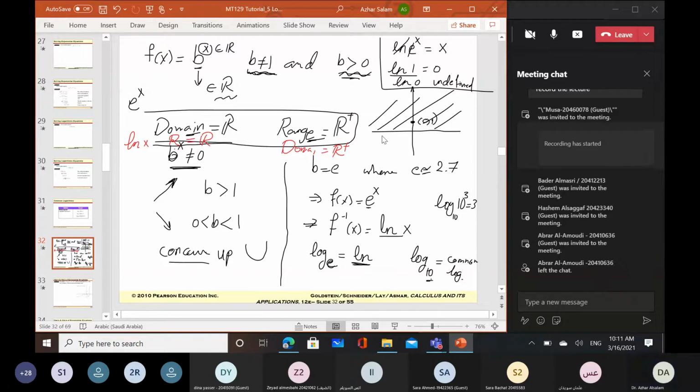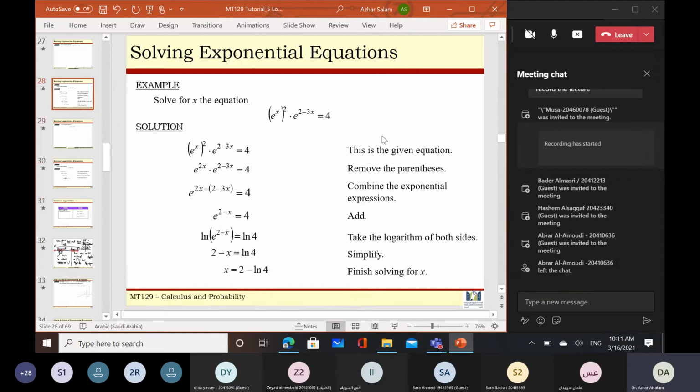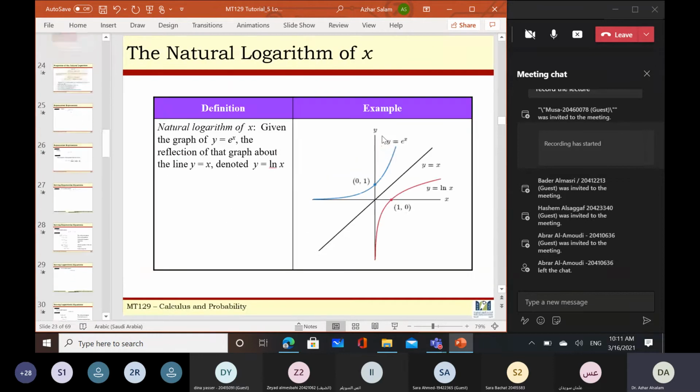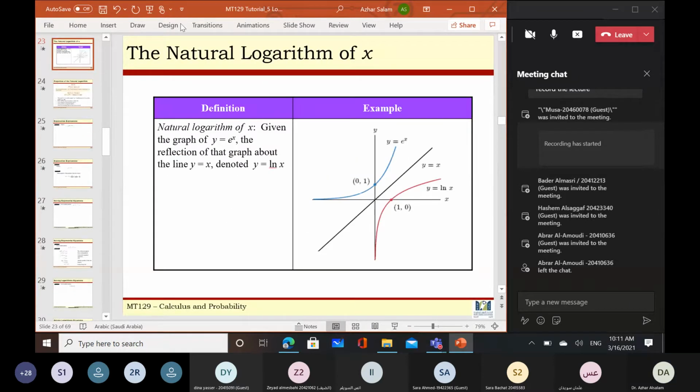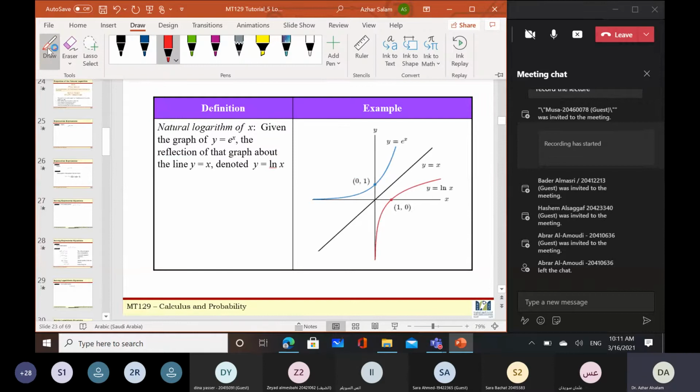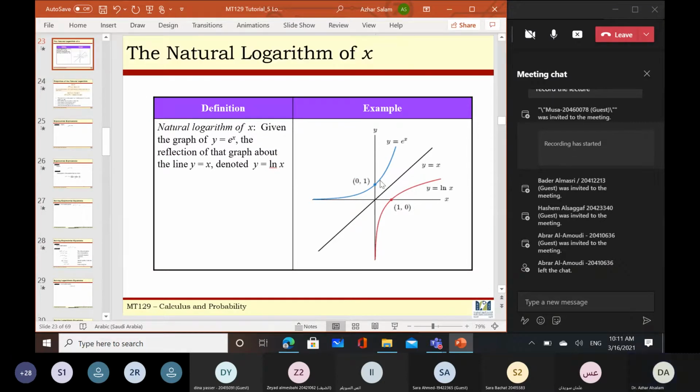Okay, and we took the graph. This is the graph of the natural logarithm and also the exponential function. This is e to the power x, and this is ln x.